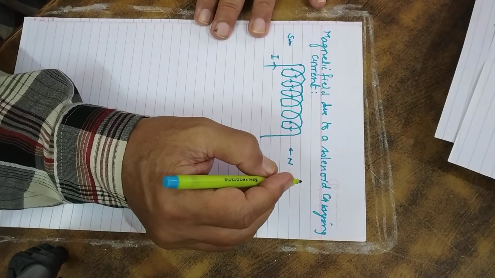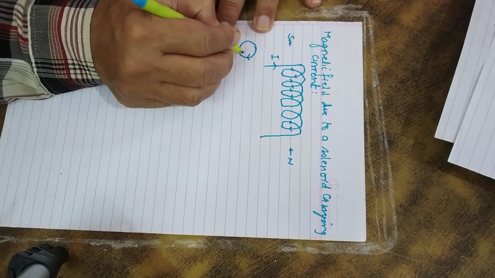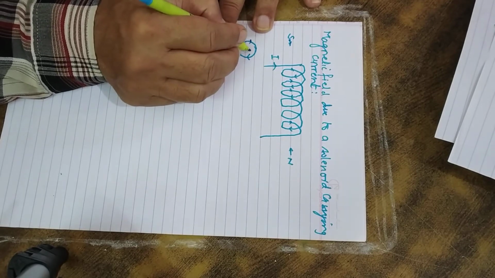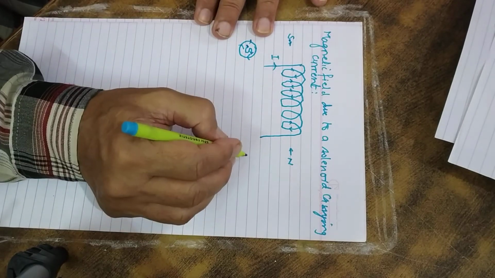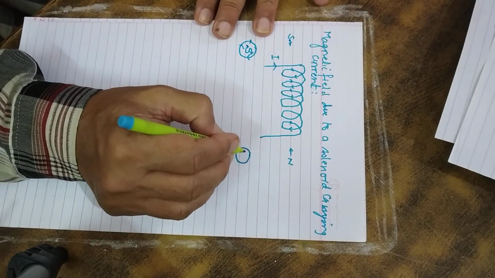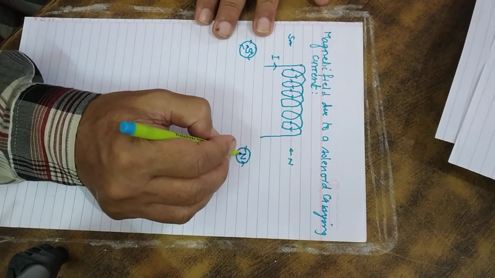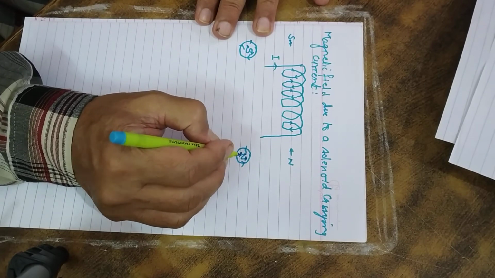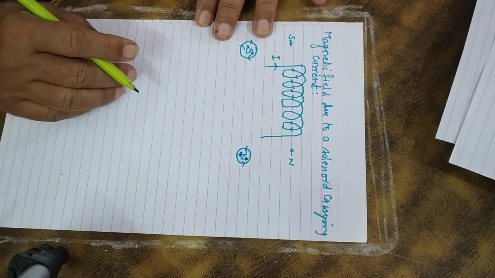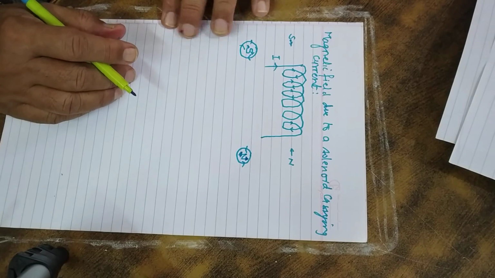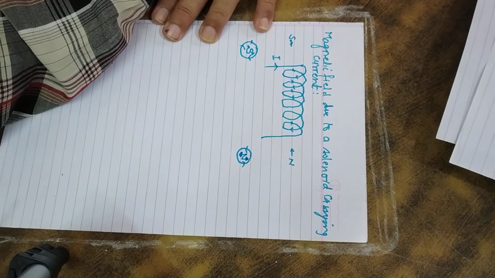The end in which current is clockwise becomes a south pole, and the end in which current is anti-clockwise becomes a north pole. Means this solenoid will behave as a magnet.